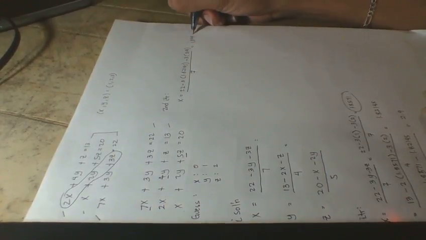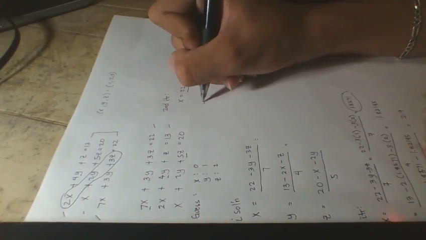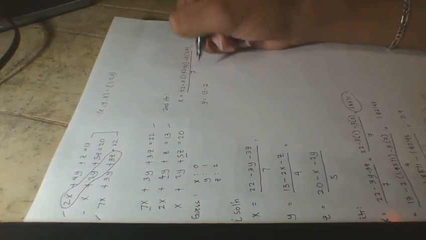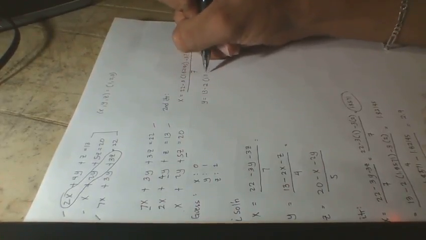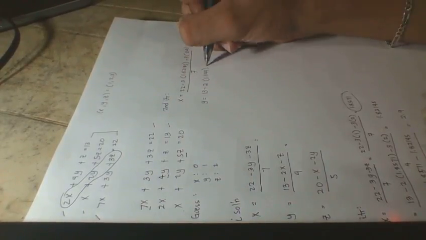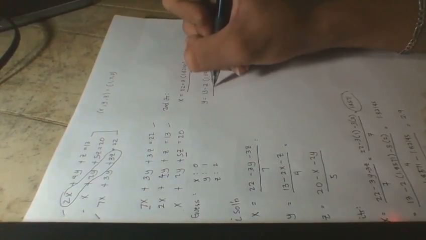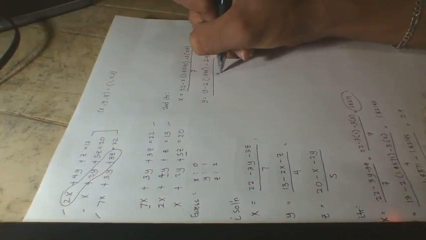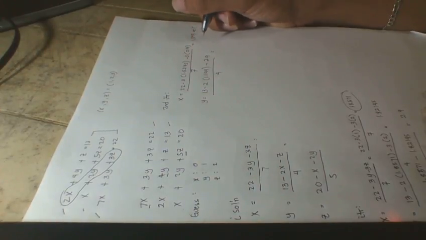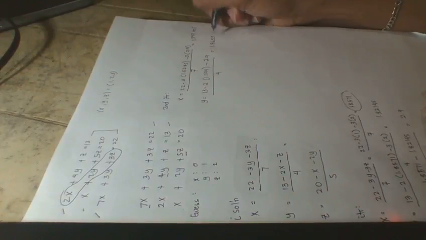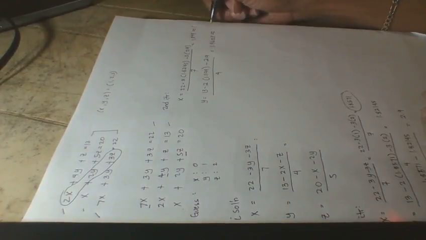As you can see, it's really approaching the value of 1. Then our y will be 13 minus 2 times x, which is 1.1194, minus z, which is the updated value 2.9, all over 4. So our value will be 1.9653. As you can see, it's also approaching the value of 2.